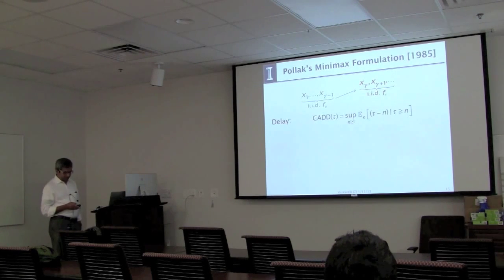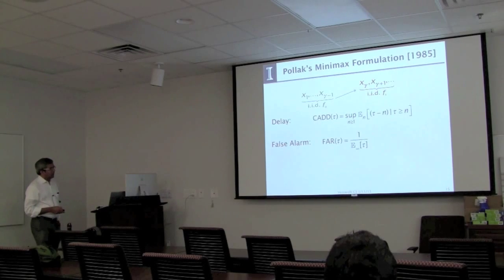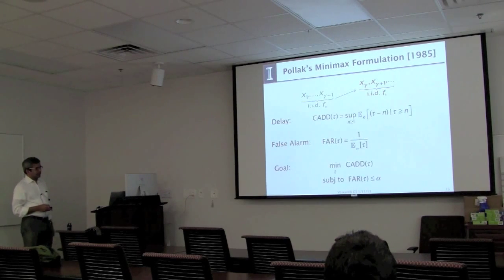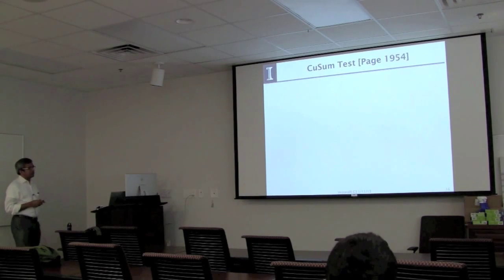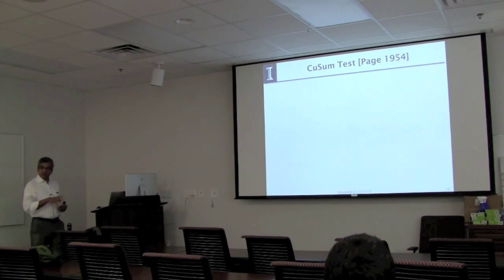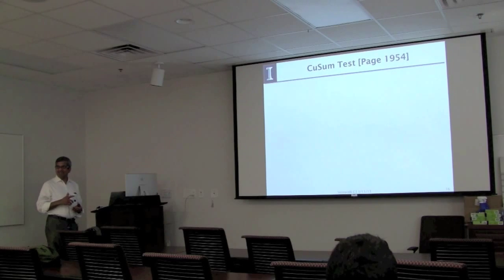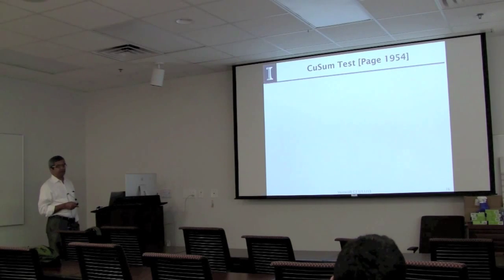That's not that hard to show. Okay, and then again you can pose the problem as an optimization of CADD versus FAR. Now it turns out that a good solution to both of these problems is a test that was proposed by Page in 1954 called the cumulative sum test, or the CUSUM test.